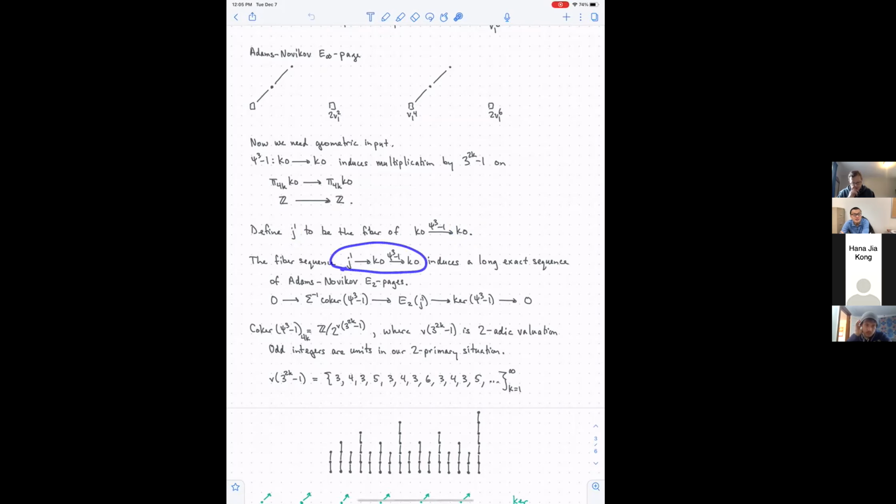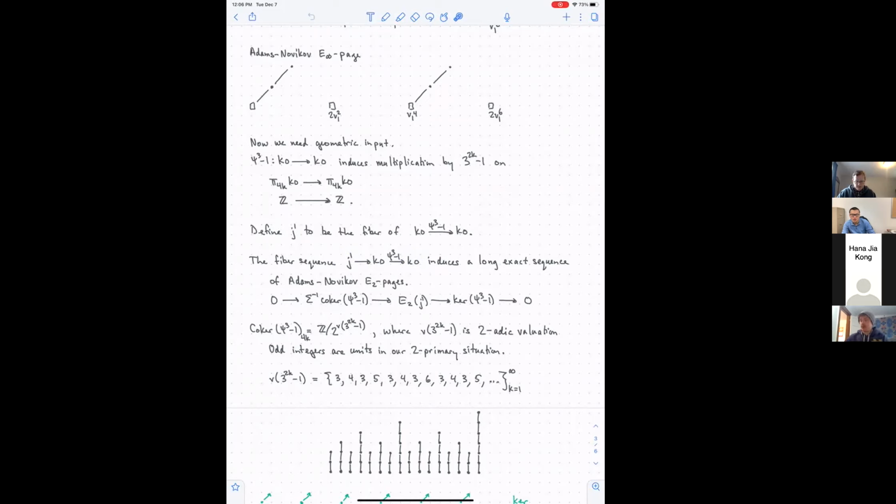And that fiber sequence will give you a long exact sequence of Adams-Novikov E2 pages. We've already discussed the Adams-Novikov E2 page for KO. And since we know two out of the three Adams-Novikov E2 pages, we can figure out the third from the long exact sequence, okay, in the usual way.